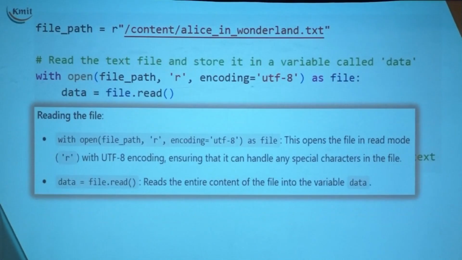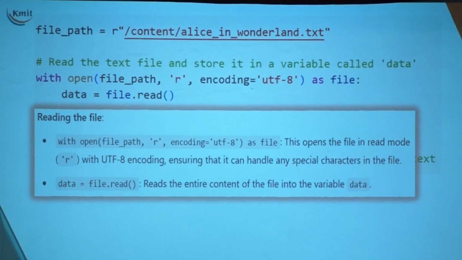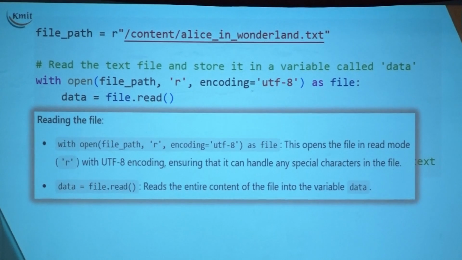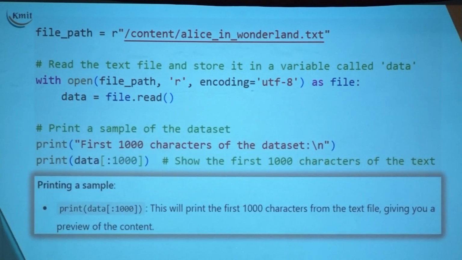So, the next step is, once I did that, I want to read what is present inside the text that I have supplied. It is going to read the entire content of that file and store it in a variable called data. Now, let me print the first 1000 characters of this data set that I have uploaded.